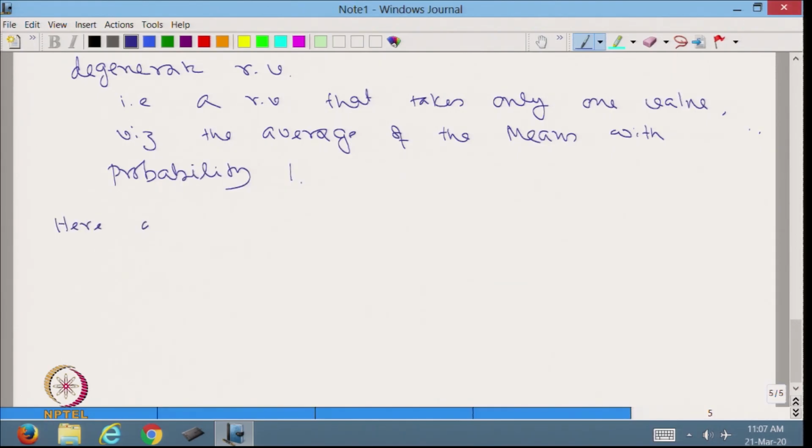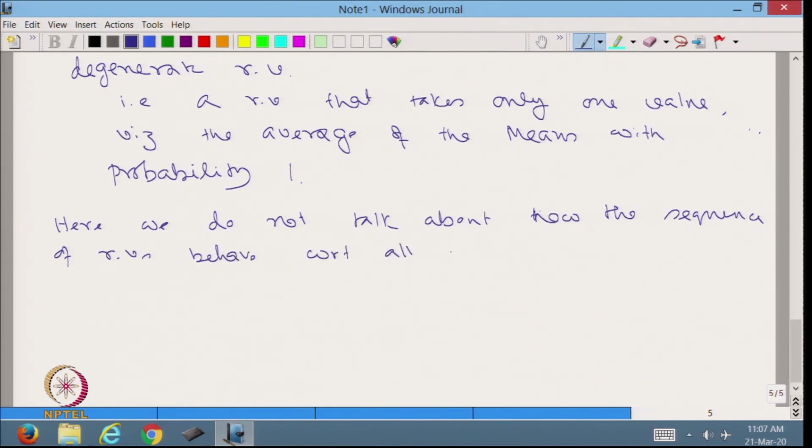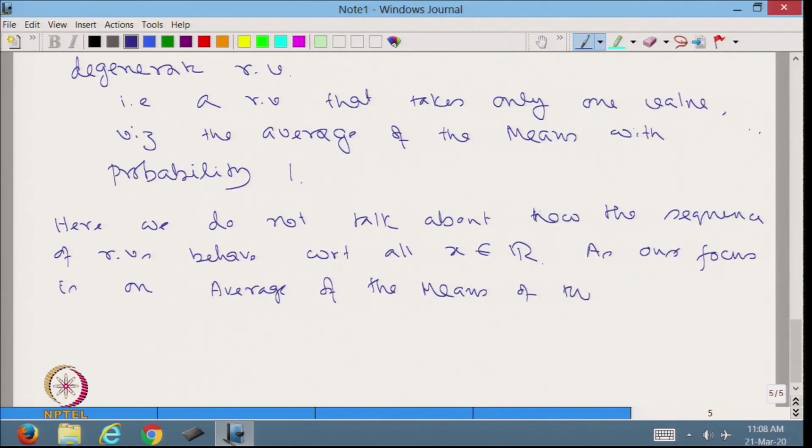Here we do not talk about how the sequence of random variables behaves with respect to all x belonging to R, as our focus is on the average of the means of the random variables.